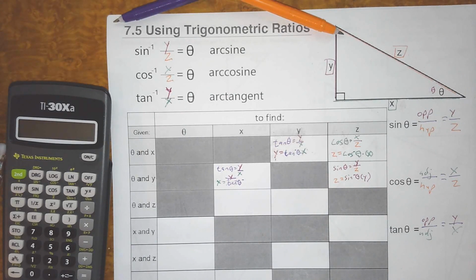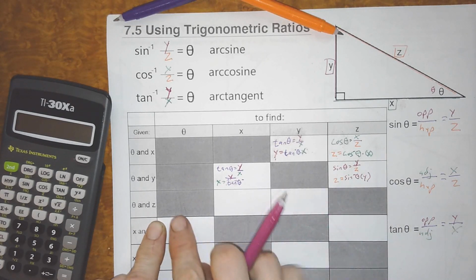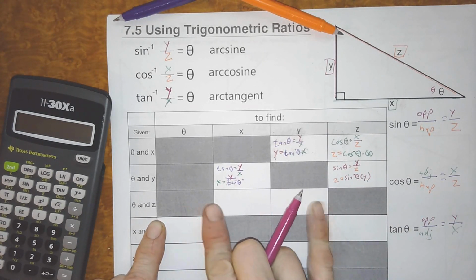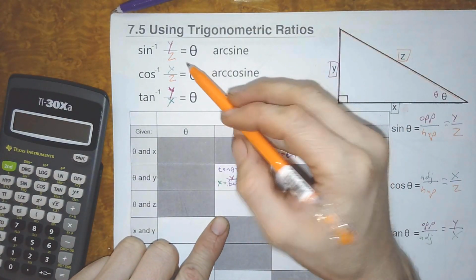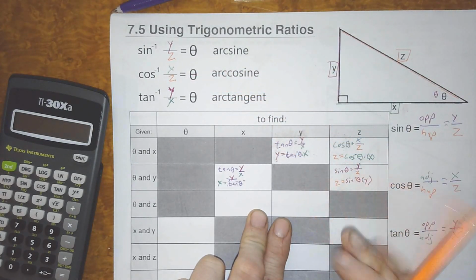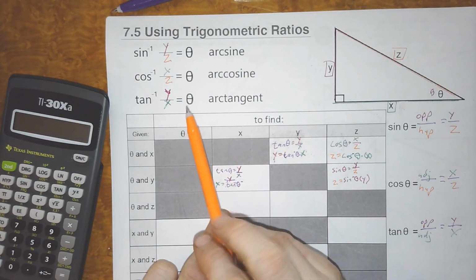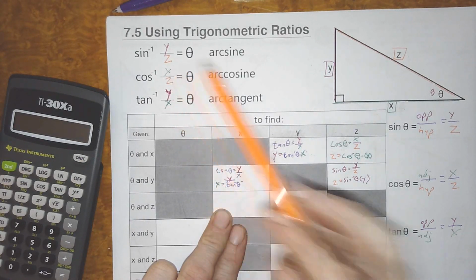So now if I'm given theta and the hypotenuse z, these are the two things I'm given. How do I figure out x? I'm using sine and cosine for these ones. If x is my unknown, I'm going to be using cosine.